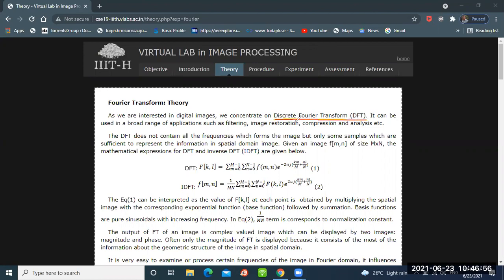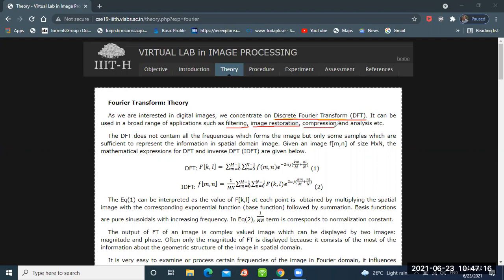It can be used in a broad range of applications. The Fourier transformation can be used for filtering, such as noise removal with high pass filters and low pass filters. Then image restoration, that is how to restore the image to its original format.